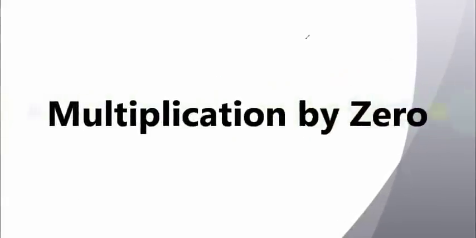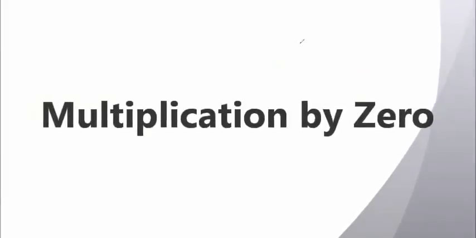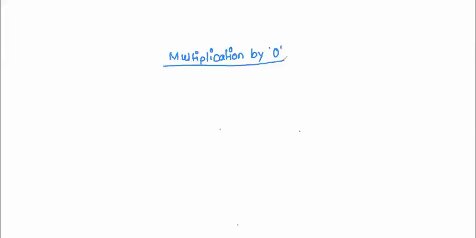Let's now see what happens if we multiply by 0. So we want to see what is the result if we multiply any integer by 0. Let's take an example. 3 multiplied by 5 is equal to 15. 2 multiplied by 5 is equal to 10. 1 multiplied by 5 is equal to 5. So here we see that we are reducing the multiplier by 1, so we are doing -1 every time.